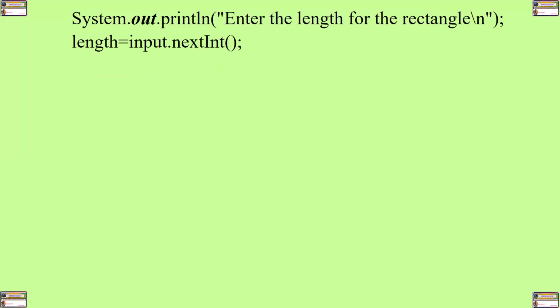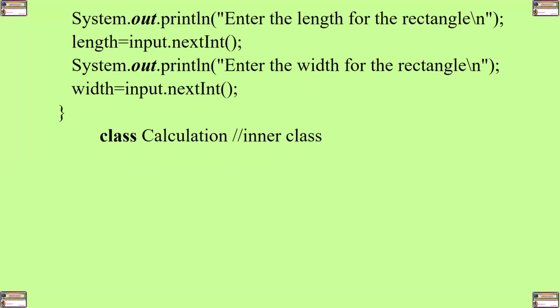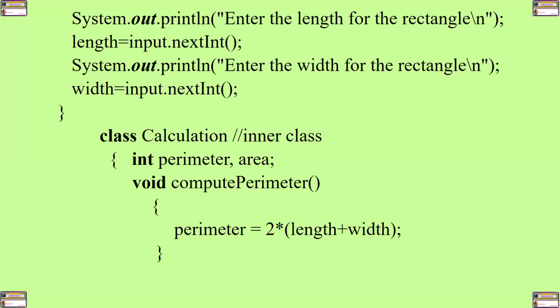And therefore, because this inner class called calculation is a member of the outer class, the inner class is able to access the members of the outer class, that is length and width, read the values from there, and assign the answer gotten in the member called perimeter.